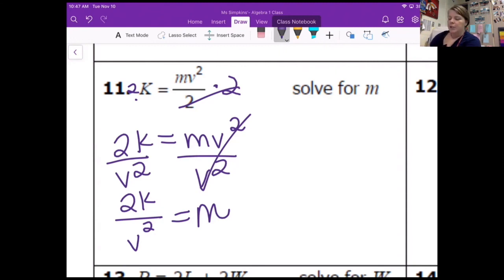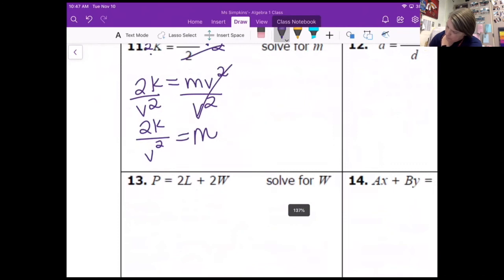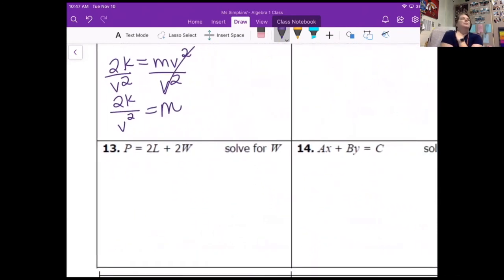Okay, so we're gonna look at 13. Does anybody know what formula 13 is? Something that deals with perimeter. Yeah, perimeter. Perimeter equals 2 times length plus 2 times width is what that says. And we're trying to get W by itself. So let's deal with the first piece, that 2L. Is 2L being added to 2W or subtracted? Added. So we want to do the opposite. The opposite of plus 2L would be minus 2L.